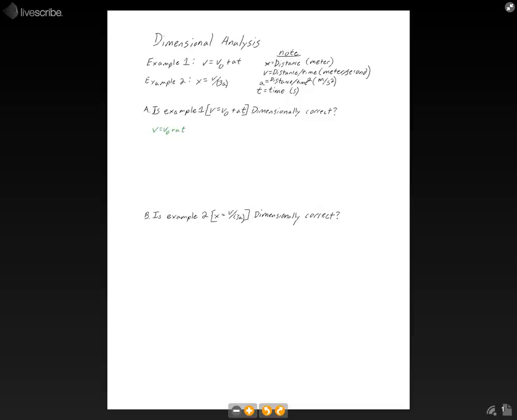So for the first example, is example 1, v equals v0 plus at, dimensionally correct? In order to find out, we need to break this equation into its smaller components. So break the equation into components, or pieces.